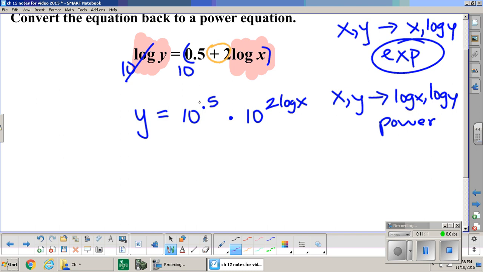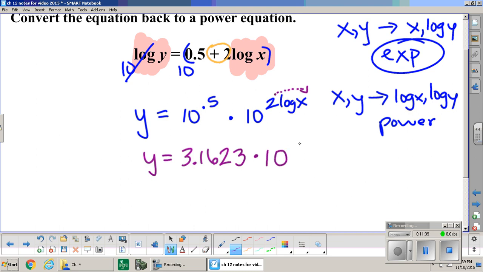All right, so 10 to the y equals 10 to the 0.5. Feel free to use your calculators if you'd like. 3.16, 3.23, times, we still have this 10 to log x. Remember, the 2 can be rewritten as an exponent there.